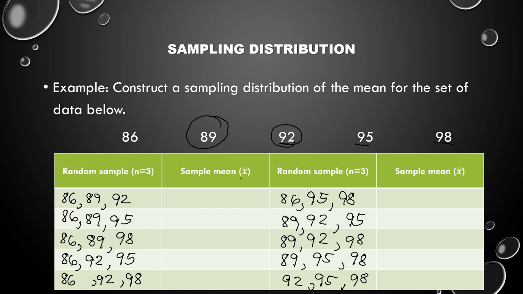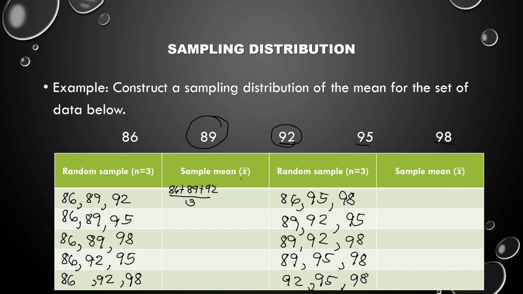So let's now compute the sample mean, everyone. Let's start with our 86, 89, and 92. Adding that: 86 plus 89 plus 92. We divide that by 3 because there are 3 values of your sample in there.